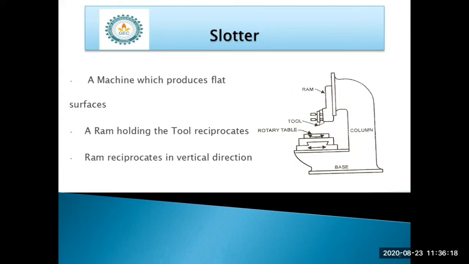The cutting motion is produced by the reciprocating movement of the vertical ram. The rotary and longitudinal movements of the table permit the workpiece to be positioned and fed for straight line and rotary cuts. It is usually adapted for machining holes, keyways, and grooves.